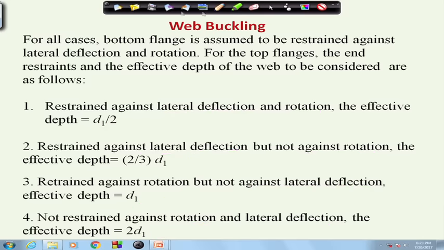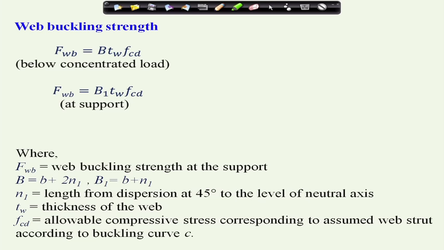Now, web buckling strength we would like to calculate. So, for calculation of web buckling strength, we need to find out how the bearing plate is going to be provided to minimize the web buckling, means to reduce the web buckling.